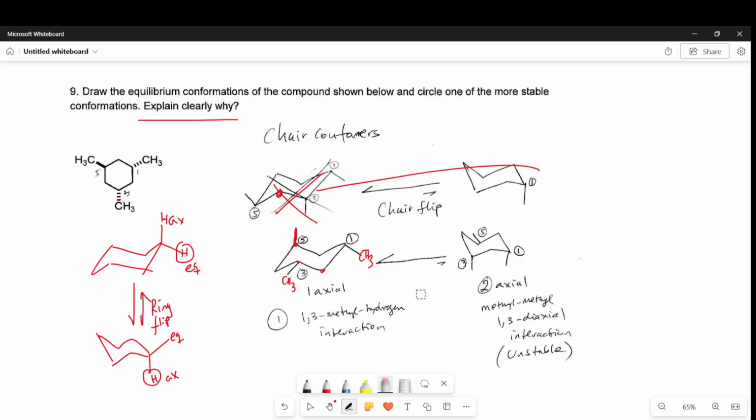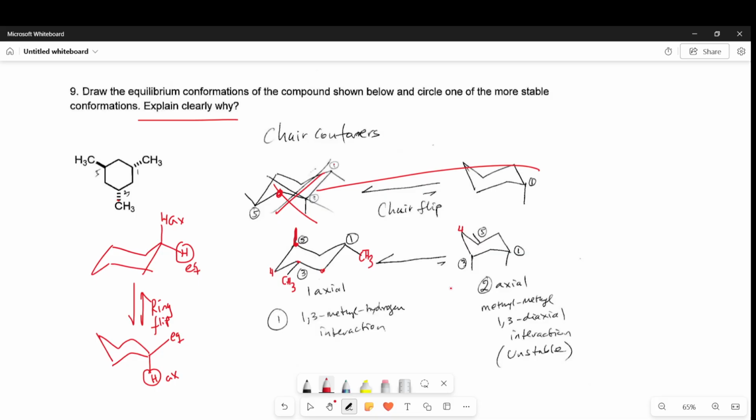And now the ring flip would give me everything that was axial would go equatorial, everything that was equatorial would be axial. So this right here is carbon number 4. Here it is right there. This is 4. Okay?